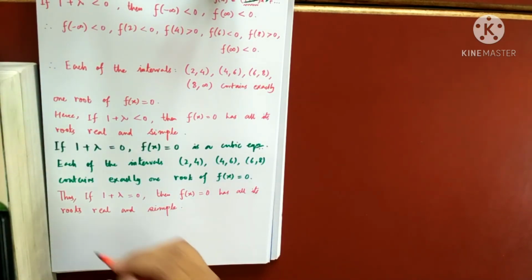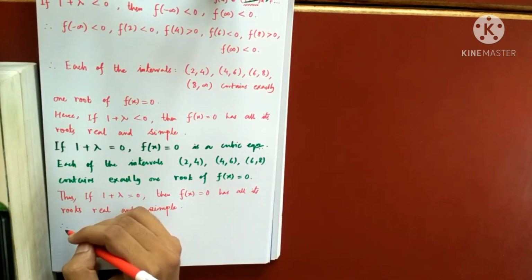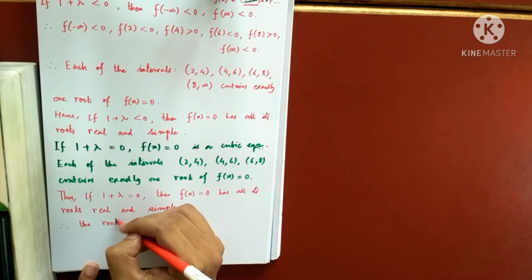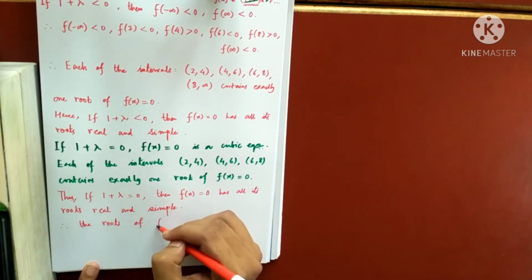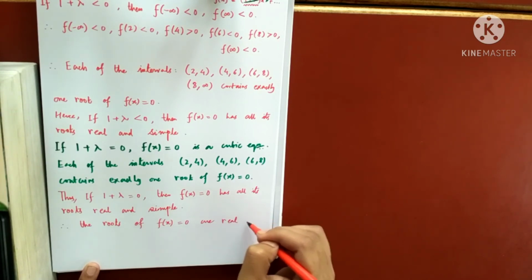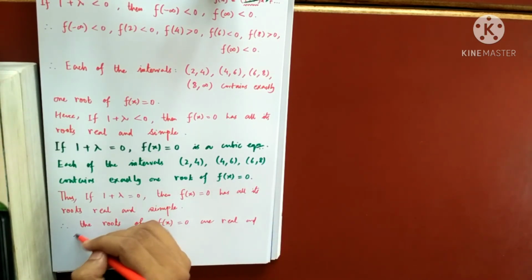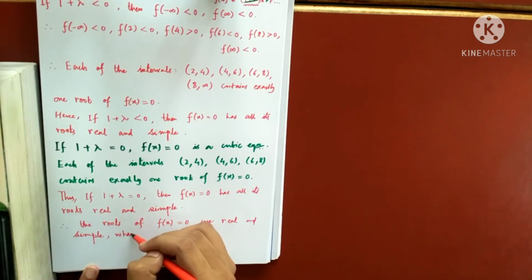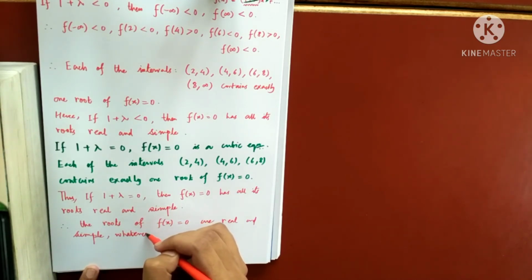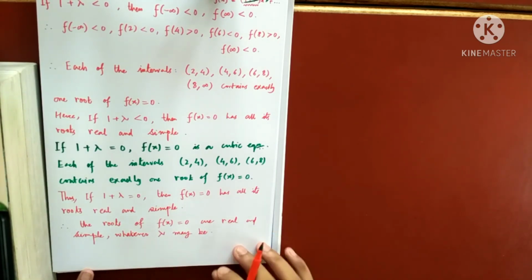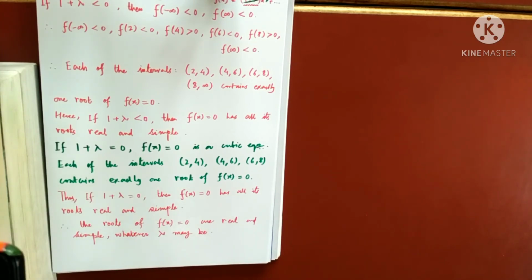Therefore, the roots of f(x) equals 0 are real and simple whatever lambda may be, because I have considered all the cases: when 1 plus lambda is greater than 0, less than 0, and equal to 0.